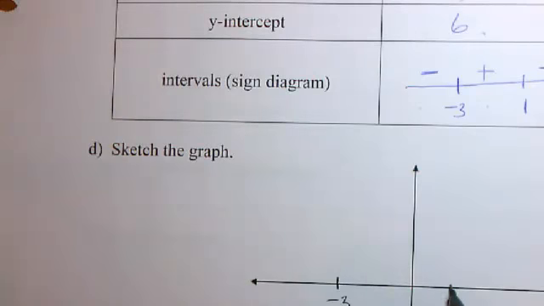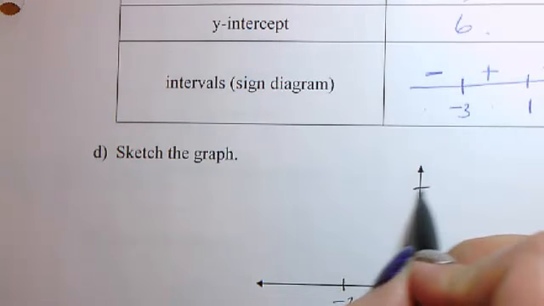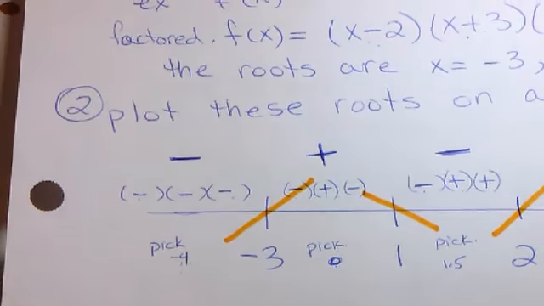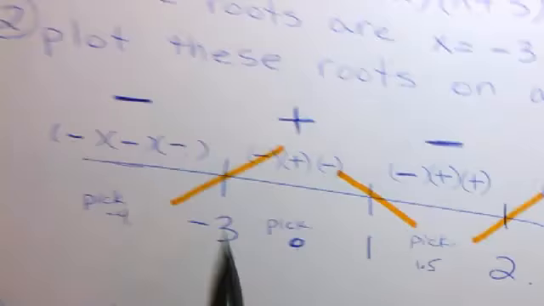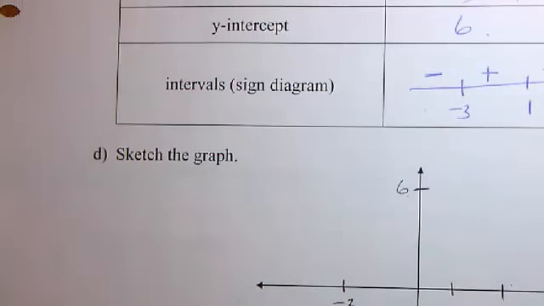Okay, so I'm going to put my roots down here. I've got my -3, I've got 1, and then I've got my 2. I'm not perfectly to scale, but as long as I indicate what each point is, I should be okay. Over here, this is our y-intercept, that's 6. Remember from over here, I'm going to transfer these orange lines onto the graph that I'm sketching.